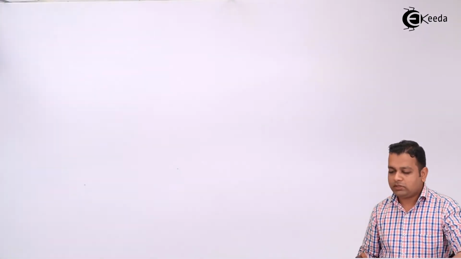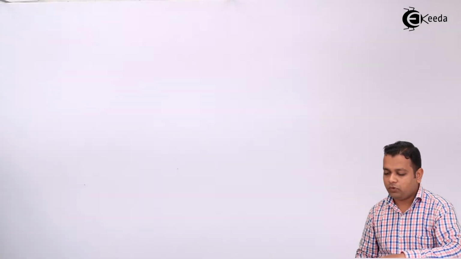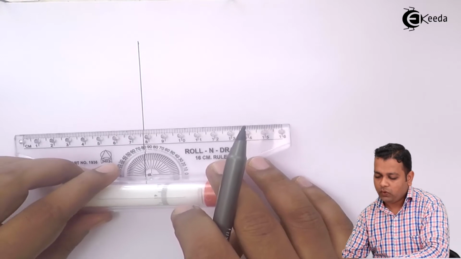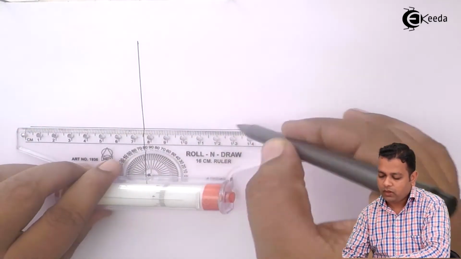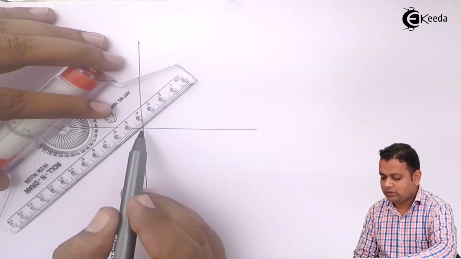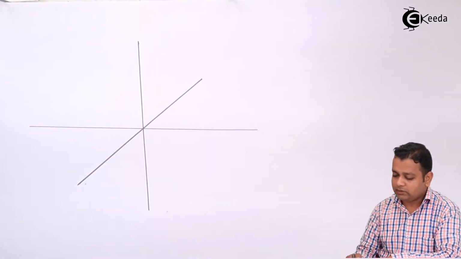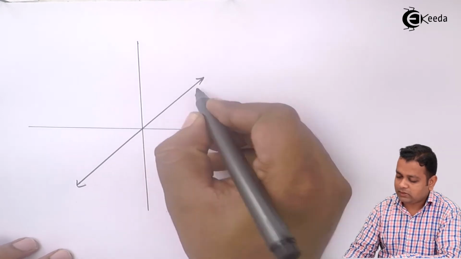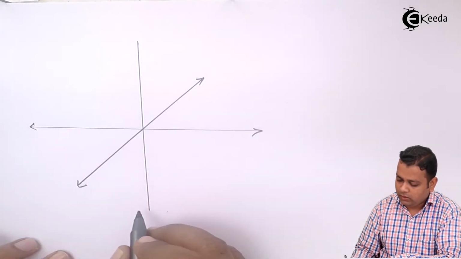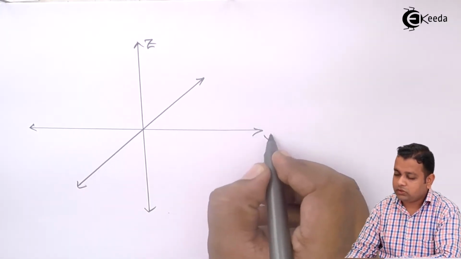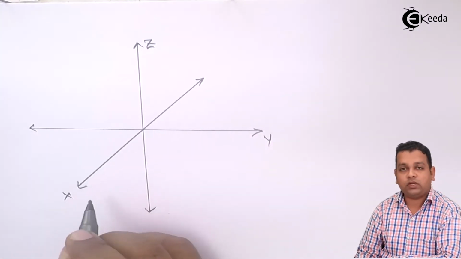In the three-dimensional space, we take the help of three axes: z-axis, y-axis, and the axis perpendicular to the plane of the paper having the y-axis and z-axis, that is the x-axis. So I name it: this is the positive side of z, positive side of y, and positive side of x.